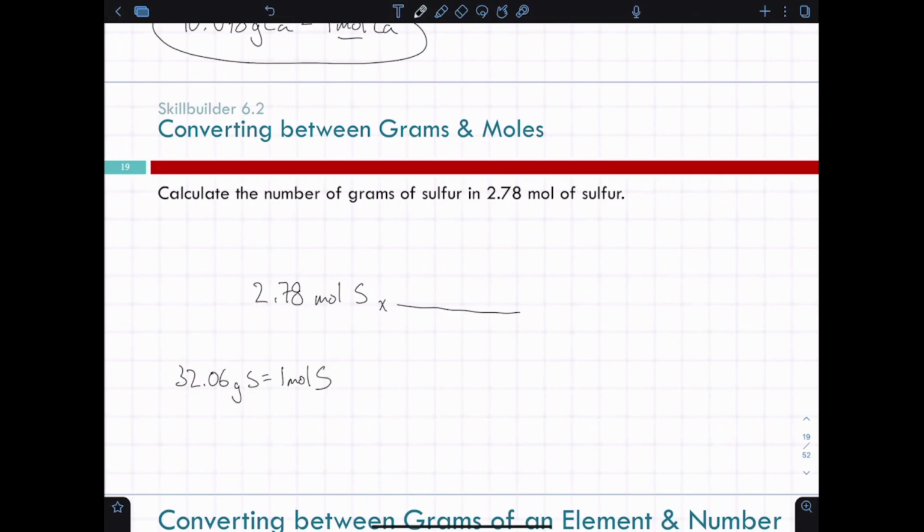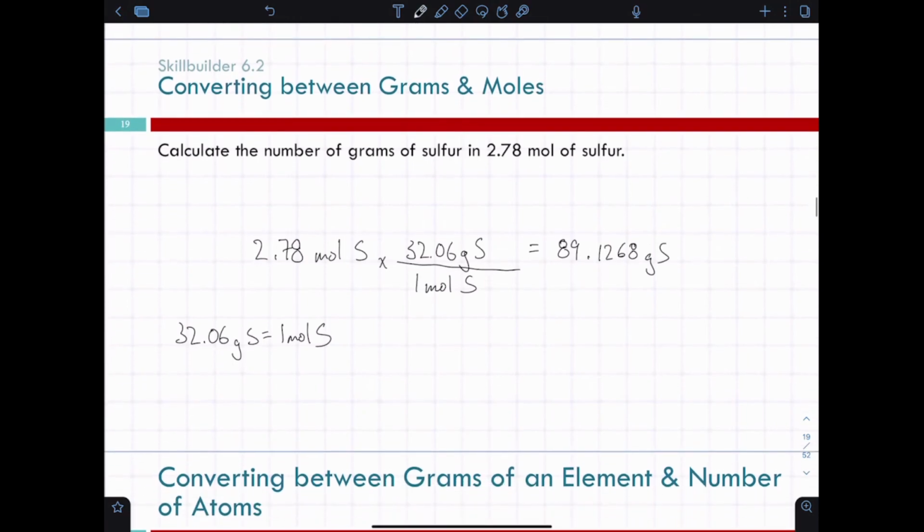And since we want to end up with grams here, we put the grams on top: 32.06 grams of sulfur on top, 1 mole of sulfur on the bottom. 2.78 times 32.06 is going to be 89.12 grams of sulfur, but we only have 3 sig figs.